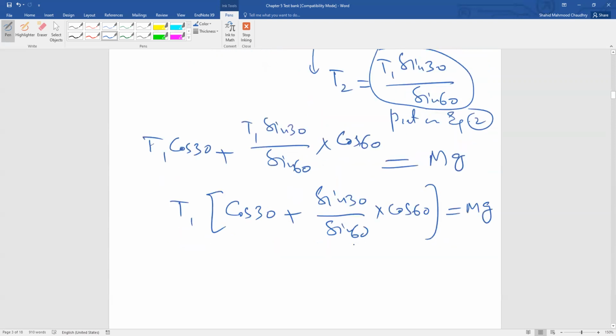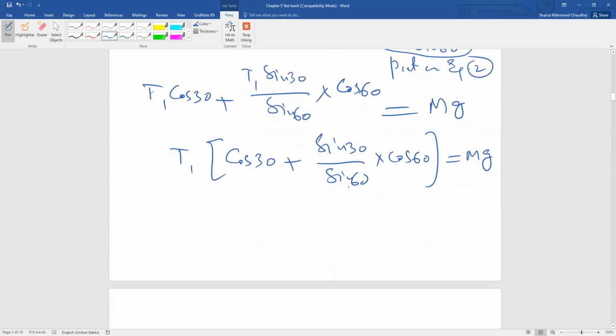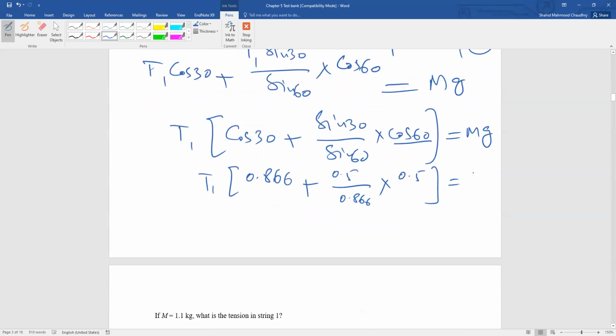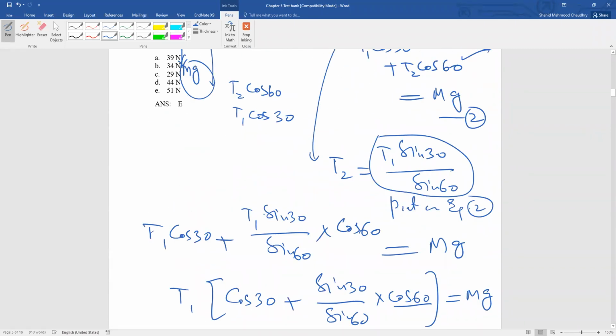Putting in the values: cos 30 is 0.866 plus sine 30 is 0.5 divided by 0.866 multiplied by cos 60, which is 0.5, equal to mg. The m value is given here, it is 6 kg, so 6 into 9.81. When you solve this, you can find the value of T1. It is around 51.00 Newton. So this is the answer.